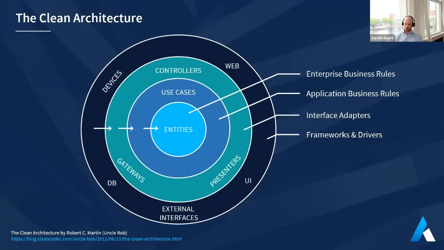You've got the use cases, which are the application business rules around that, and that is depending on these entities. Then we've got the interface adapters, things like the controllers, the gateways, the presenters. Essentially, these are adapters that exist around that, and the dependency there is on the use cases. And then finally, we've got our frameworks, right? So these are the web frameworks, the technologies that we're using, the databases, and so on and so forth.